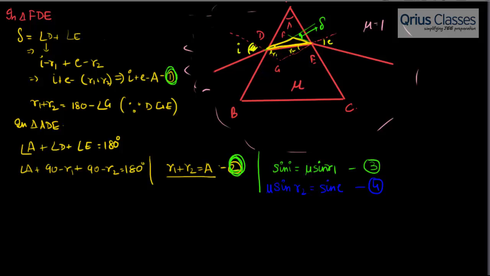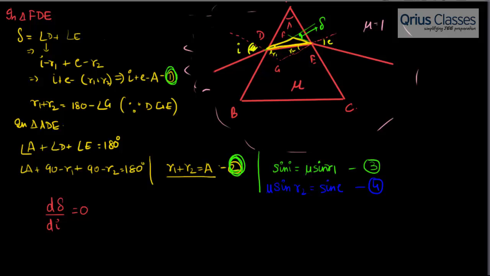So we have 4 equations, and what we want to find is the angle of incidence for which the angle of deviation is minimum. So essentially what we want is d delta by dI must be 0, because at the minimum the rate of change of delta with respect to the angle of incidence must be 0.